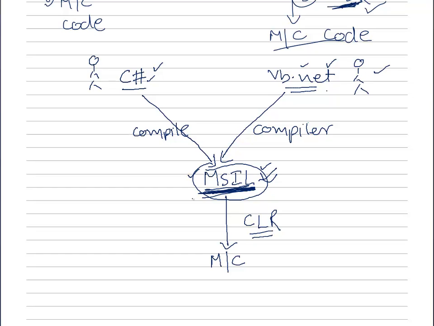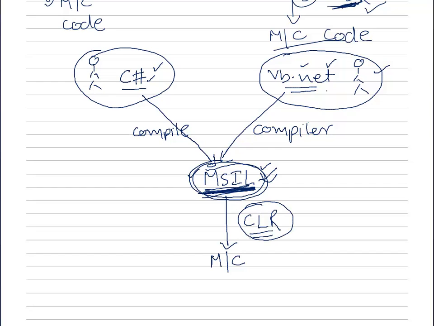So if you have a team of people knowing different programming languages, you can make them sit together and write the code, because their code will be converted into the intermediate language, and from there the CLR will take charge.